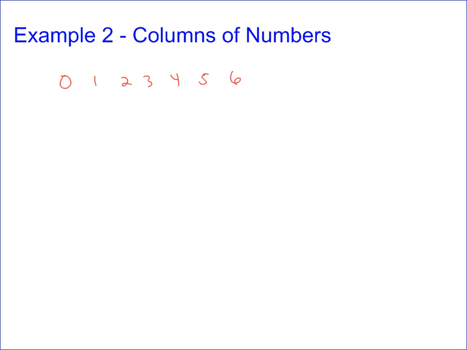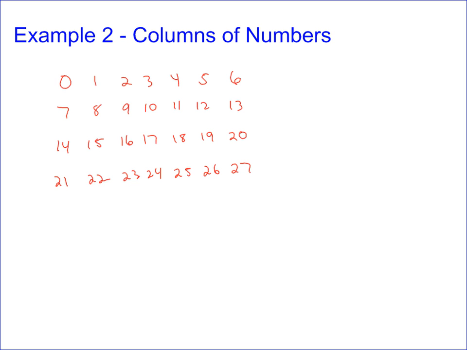Then if we just keep going, and we keep counting up by 7s, we notice that we start creating columns of numbers. And these columns of numbers act the same way as the cyclical time system, right?